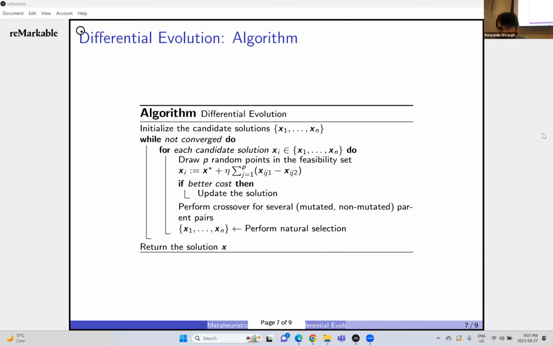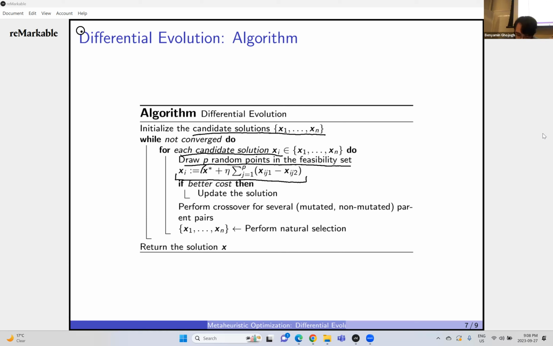The algorithm of differential evolution is this. Initialize the candidate solutions X1 to Xn. While not converged, while not terminated, for each candidate solution Xi, draw P random points in the feasibility set, in the domain, also satisfying the constraints. Draw P random points, or get the P best solutions, whatever. Then update it by this.